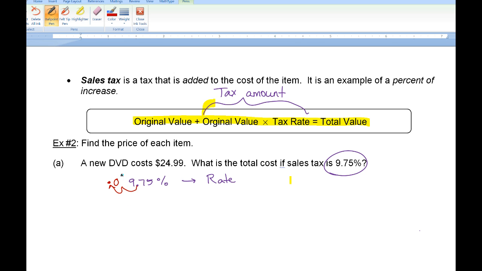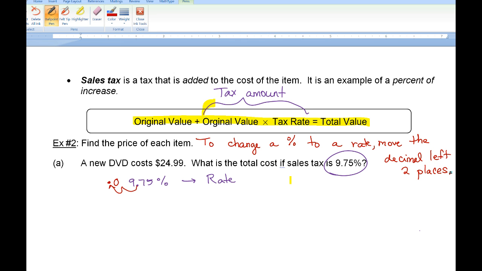To change a percent to a rate, move the decimal left 2 places.